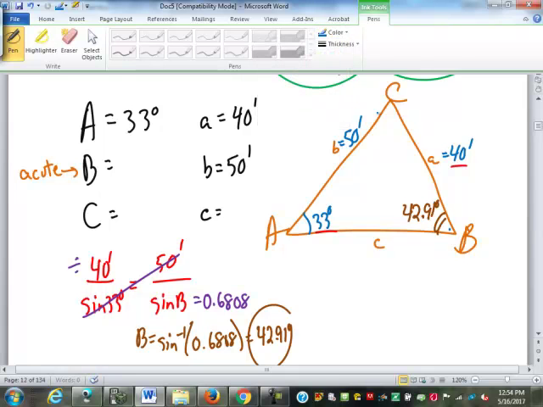Now to find angle C, we're going to subtract. 180 minus 33 minus 42.91 is going to be what? 104.09, I believe.